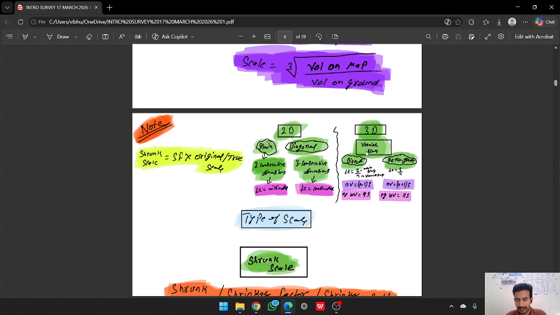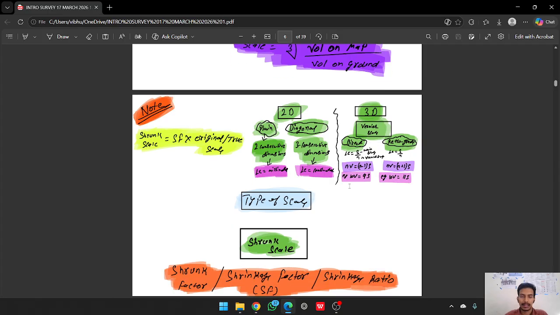Retrograde is also the same, but the difference is that the number of vernier divisions is equal to the number of main scale divisions minus one. In direct scale, the main scale is smaller, one less. But in retrograde, the main scale is one more, or greater than the vernier scale, and it is known as retrograde.